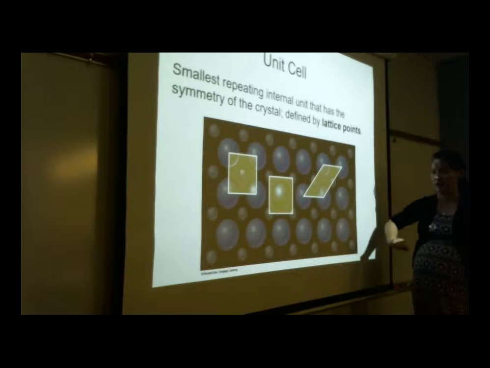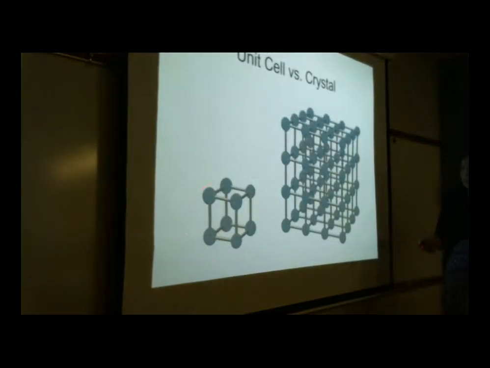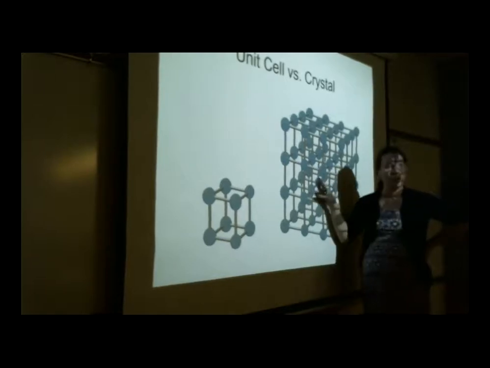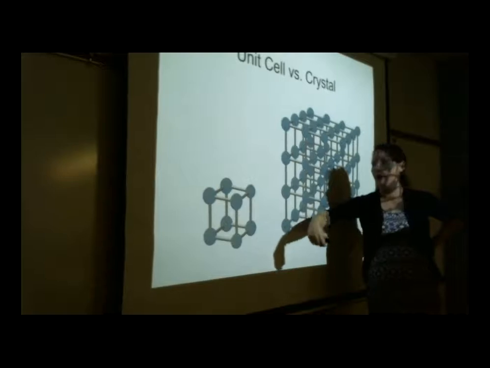I think this figure is actually from your textbook. Right, so this is the difference between a unit cell versus an entire crystal. Does everyone see the difference between a unit cell versus the entire crystal? This is the smallest unit. You can think of this as a polymer versus a monomer, right? A monomer gets repeated over and over in a polymer.